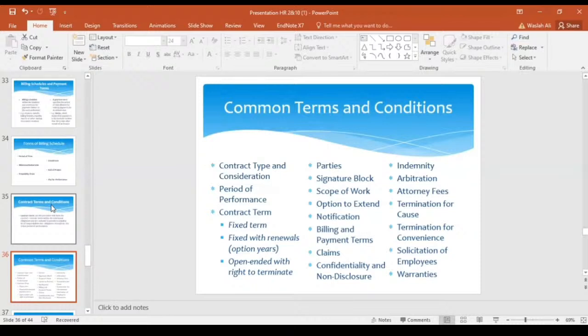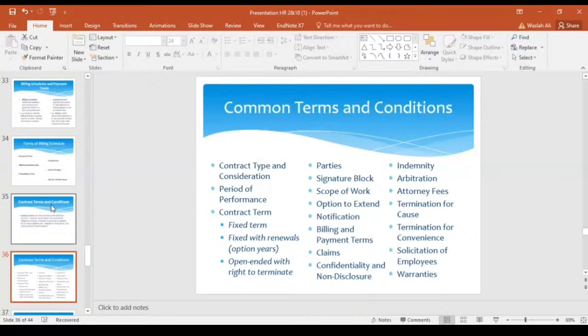Then we have notifications. These terms are the instructions and contact information which are to be notified to each other. Then we have billings and payment terms. These terms are related to the billing schedule, taxes and payments, etc.